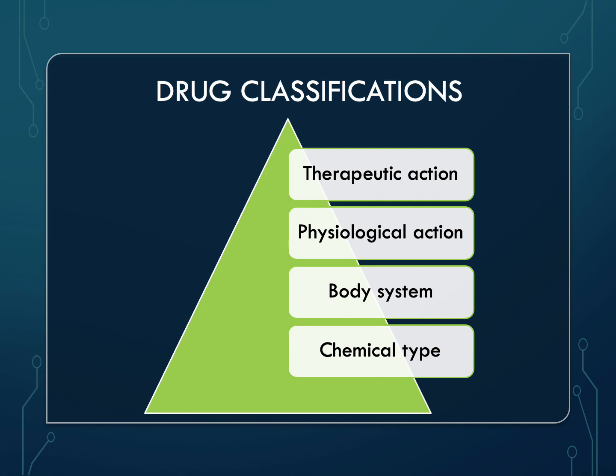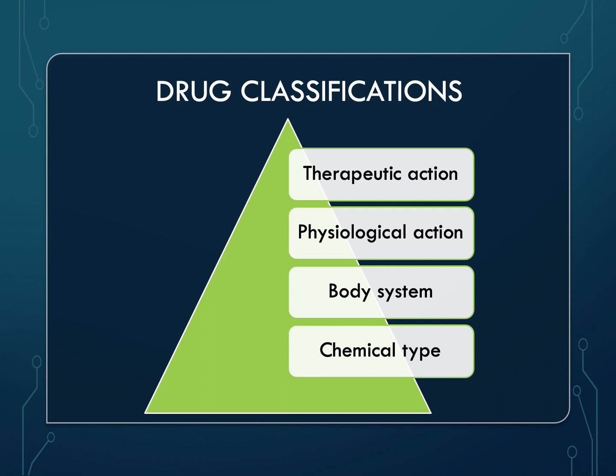your certification exam. So on this slide, you're going to see the 4 common drug classification categories, and they are therapeutic action, physiological action, body system, and chemical type. It's important to note that the drugs in each category have similar uses.